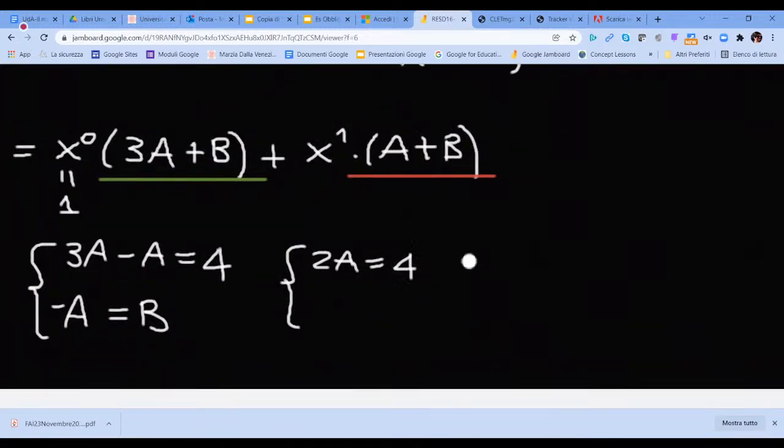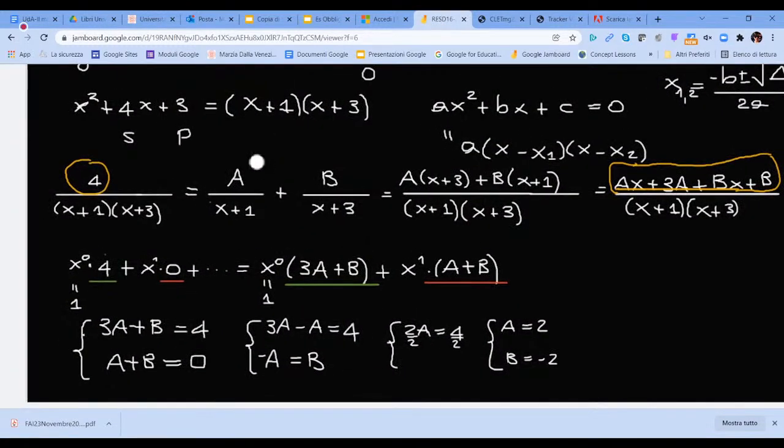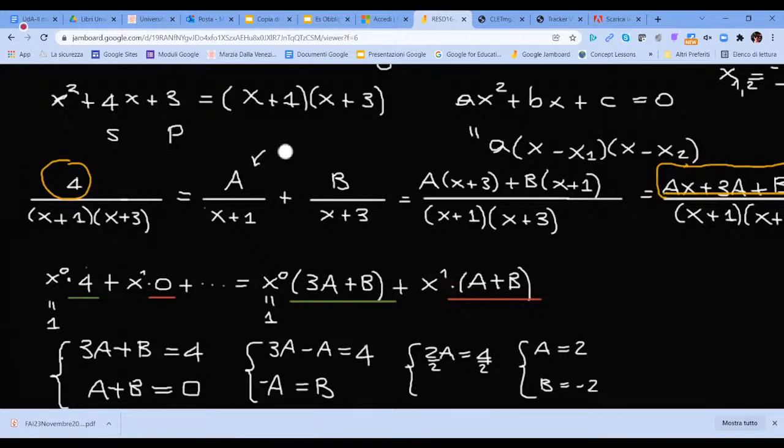That is, a equals 4 divided by 2, because I can divide any side. So a is 2. b is minus a, so it is minus 2. We have found these two numerators that we can put instead of a and b inside the integral.